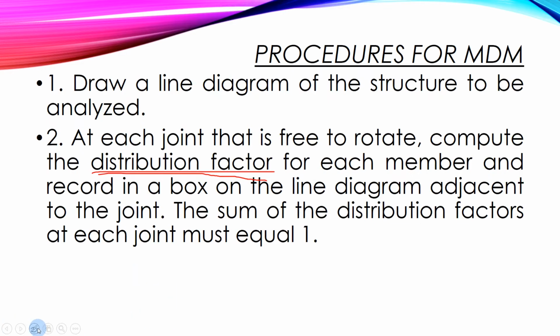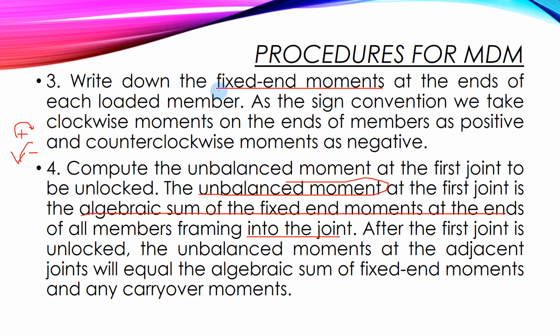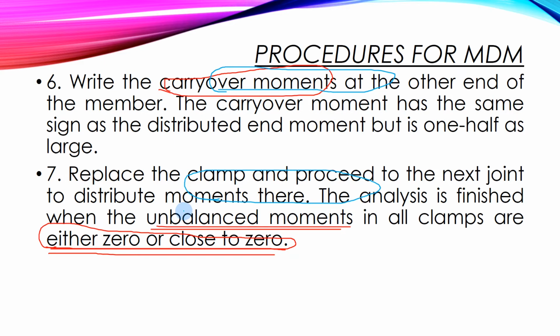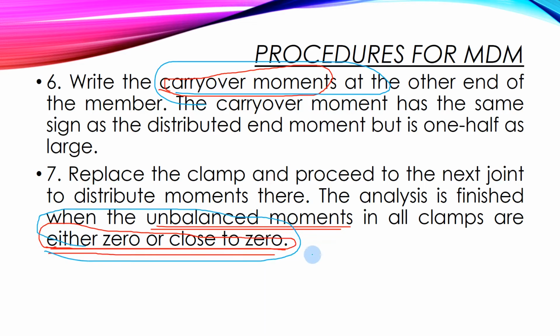Okay, so the keywords today, guys, are distribution factor, fixed end moments, which you already know from last time, so this is just a review. Then the unbalanced moment, balanced moment, carry over moments, and lastly, what we do when the unbalanced moments become 0. One of the terms we use for this is tolerance.